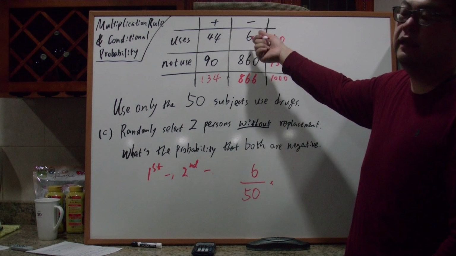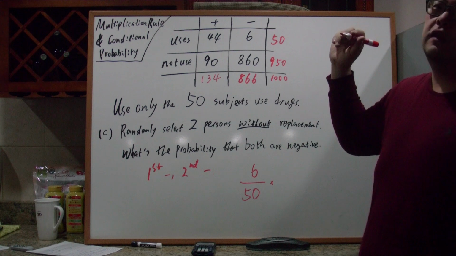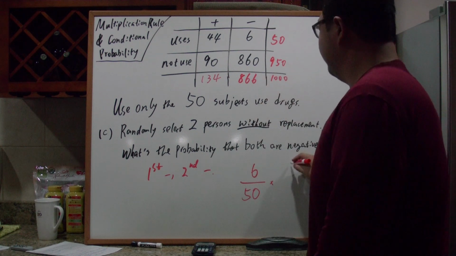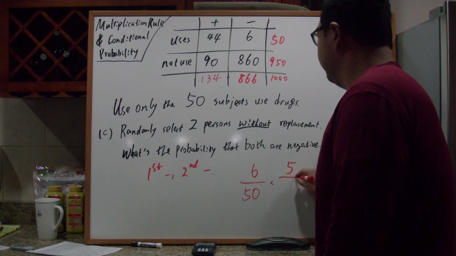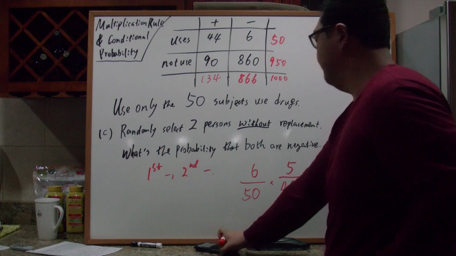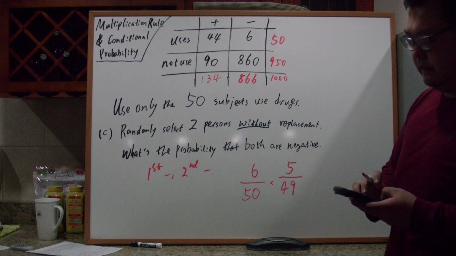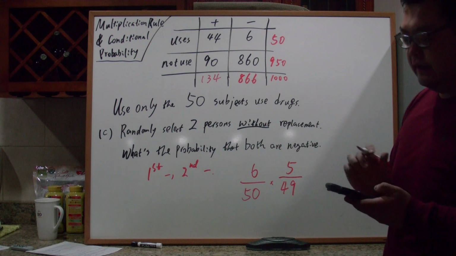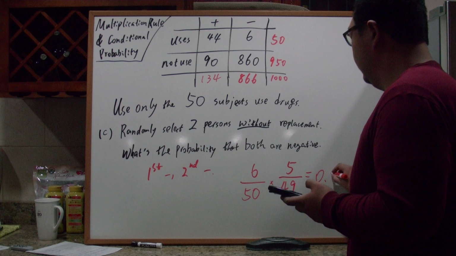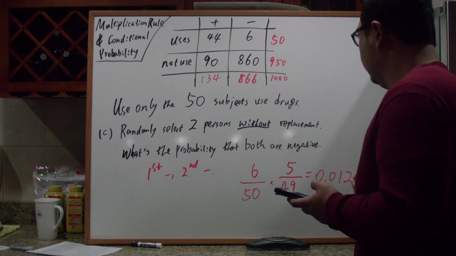That's 1 less, so we get 5 remaining, and instead of the total of 50, that will be 49 because we have without replacement. Okay, 6 over 50 times 5 over 49. You can also convert that into decimals. That's 0.0122448, and so on.